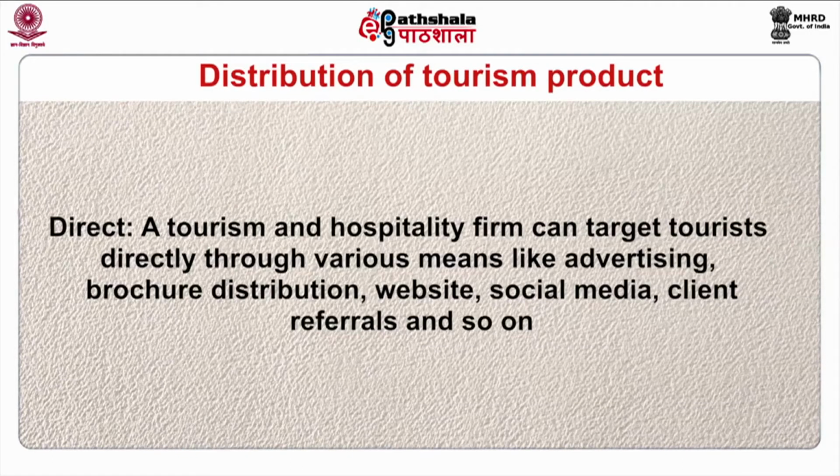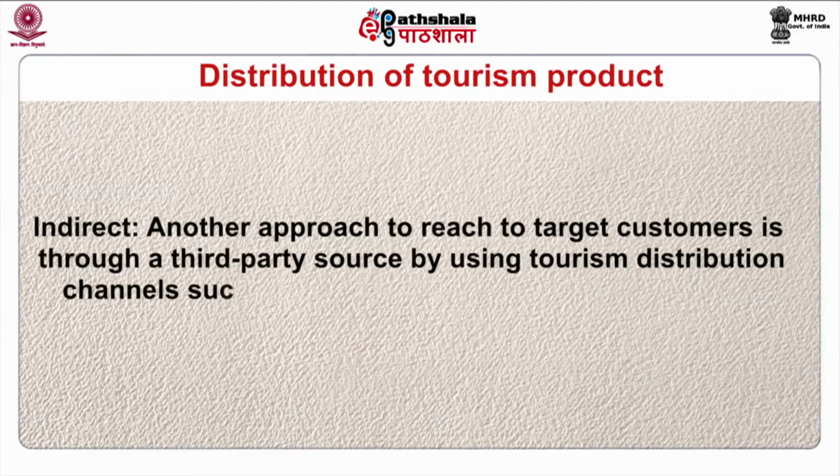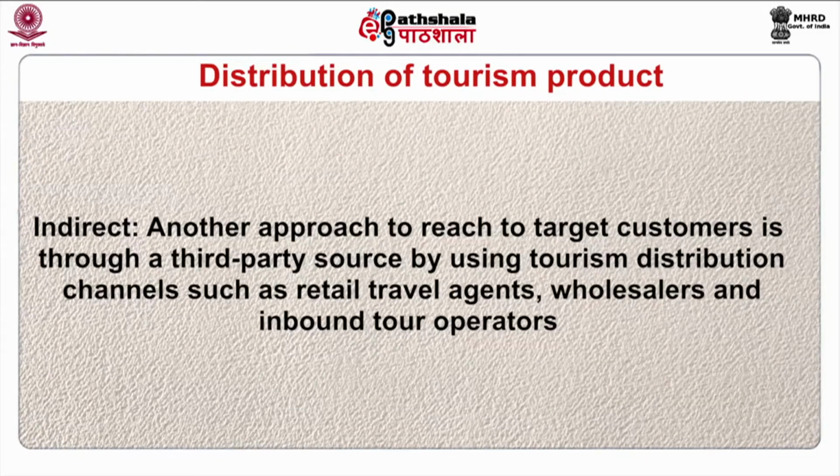Direct. A tourism and hospitality firm can target tourists directly through various means like advertising, brochure distribution, website, social media, client referrals, and so on. 2. Indirect. Another approach to reach target customers is through a third-party source by using tourism distribution channels such as retail travel agents, wholesalers, and inbound tour operators.